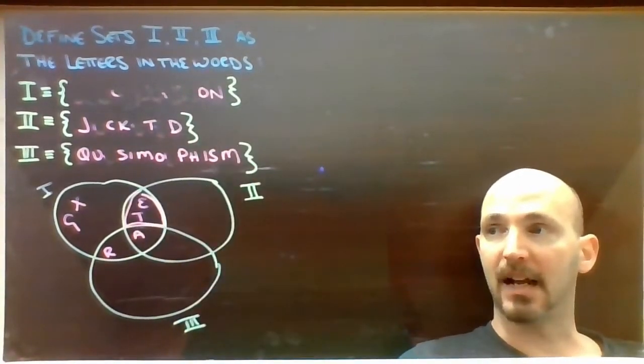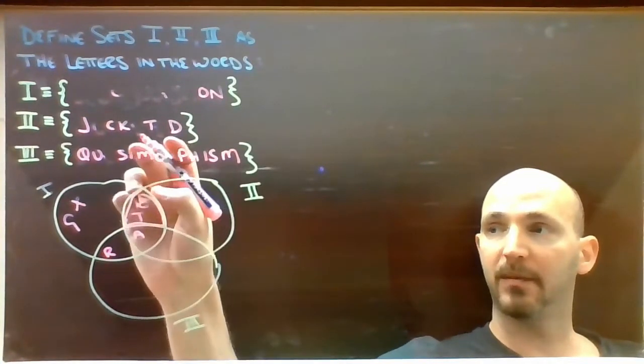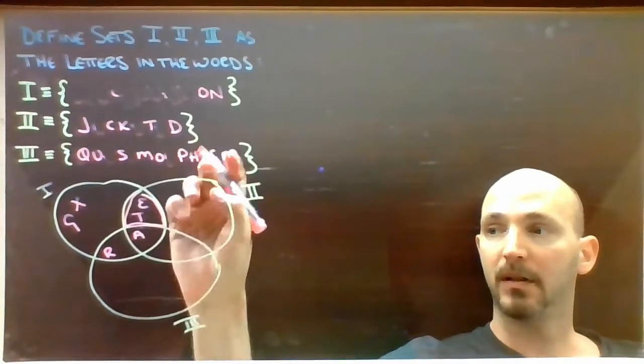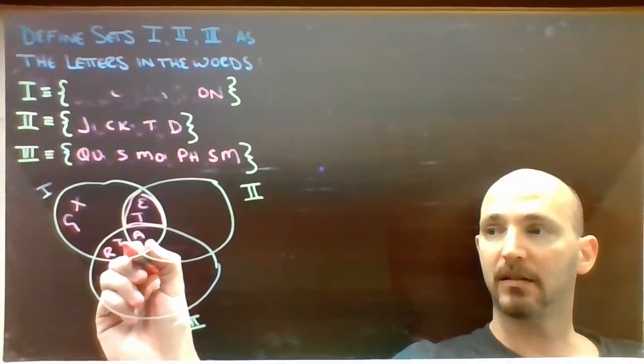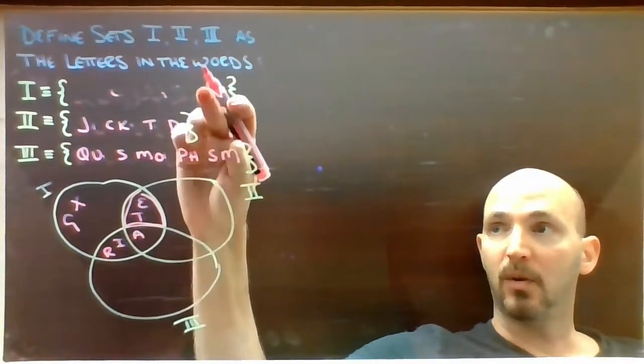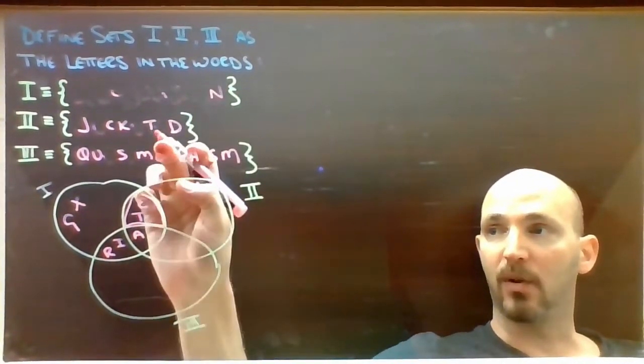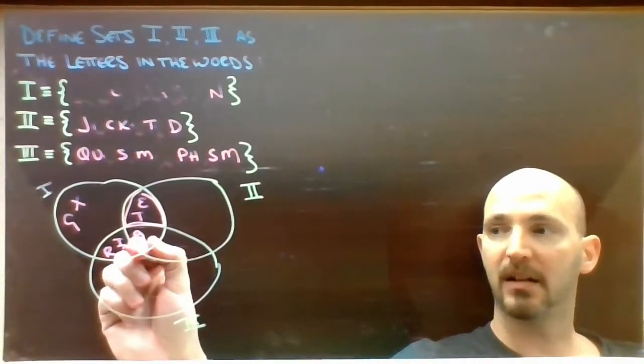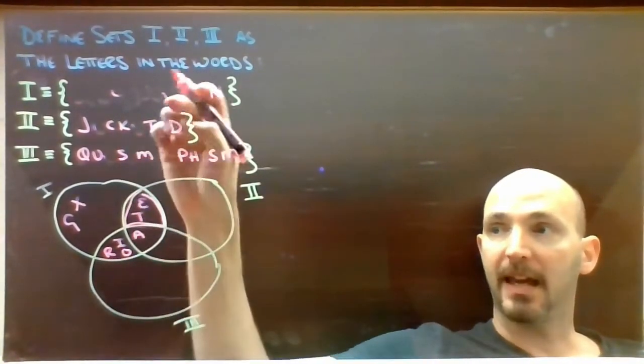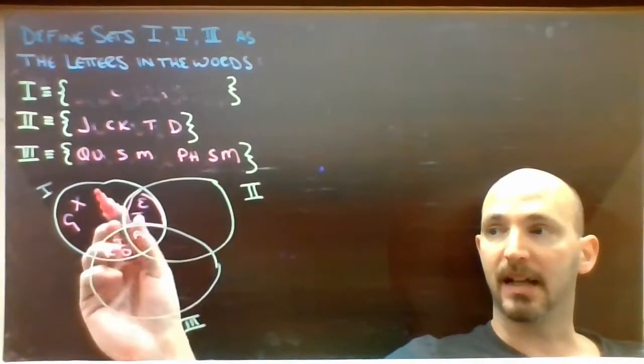I is in exaggeration and quasimorphism, which is here. O is in exaggeration and quasimorphism, which is here. N is only in exaggeration.